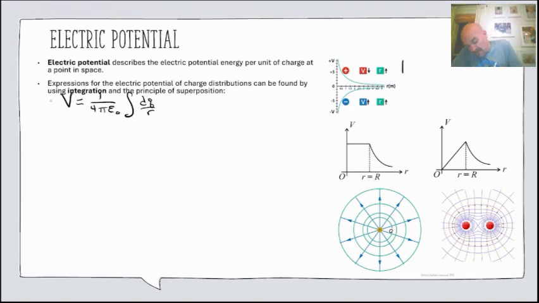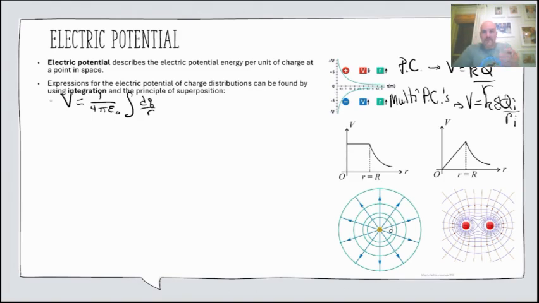Now for a point charge, this electric potential V is kq over r. And if I have multiple point charges, I just simply add it up. So V would be equal to k times the sum of qi over ri. So I just add up all these different point charges.